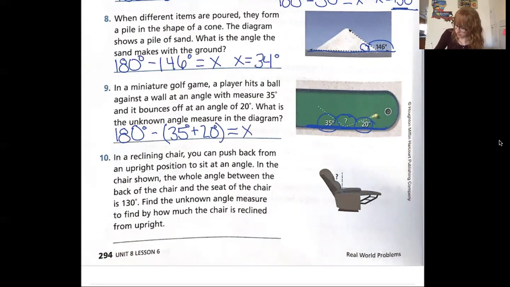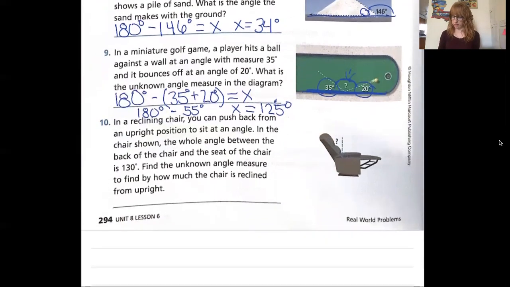So 35 plus 20, we'll take our notes down here. So we should do 180 degrees minus 55 degrees. X equals 125 degrees. And again, double checking, this is an obtuse angle, and so is this, so we should be good as long as our math is correct.